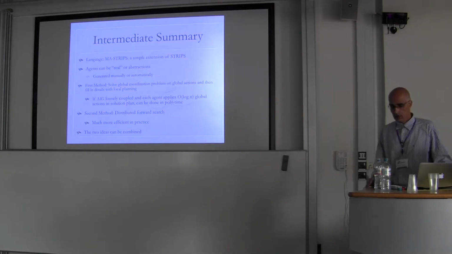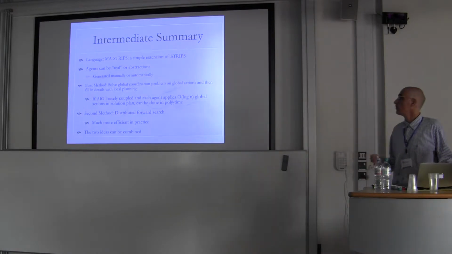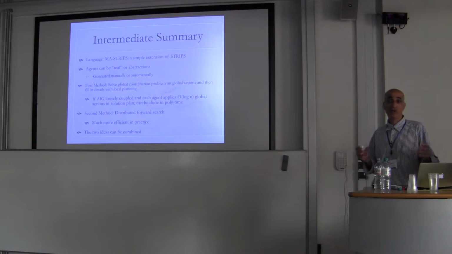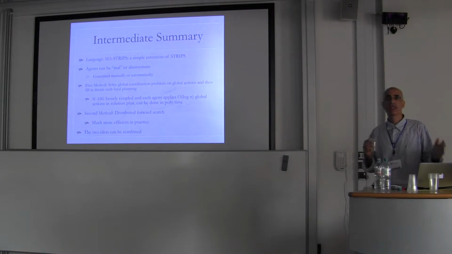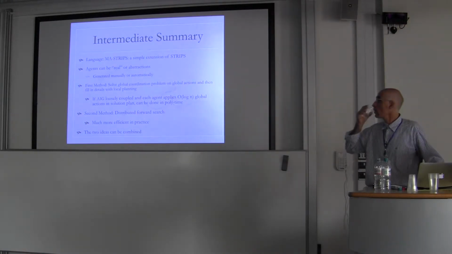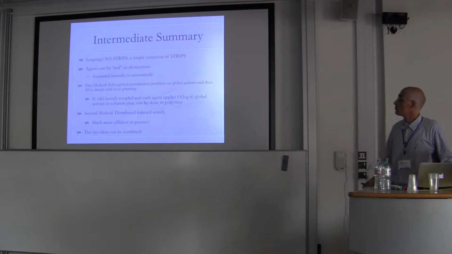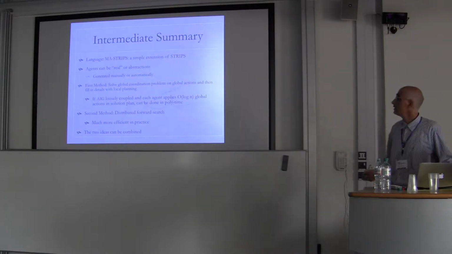Okay. So, this is an intermediate summary of what we've seen so far. We looked at the language for describing multi-agent planning problems called multi-agent STRIPS, which is STRIPS with actions associated with agents, or basically STRIPS with a set of actions partitioned. The agent for us could be real or abstraction, generated manually or automatically.